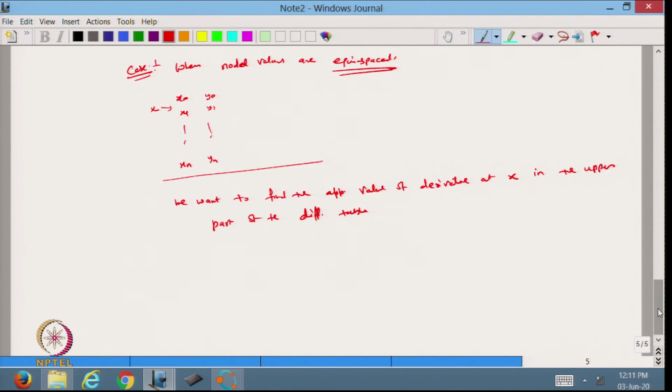So, first we can approximate using Newton's forward formula for the interpolating polynomial.